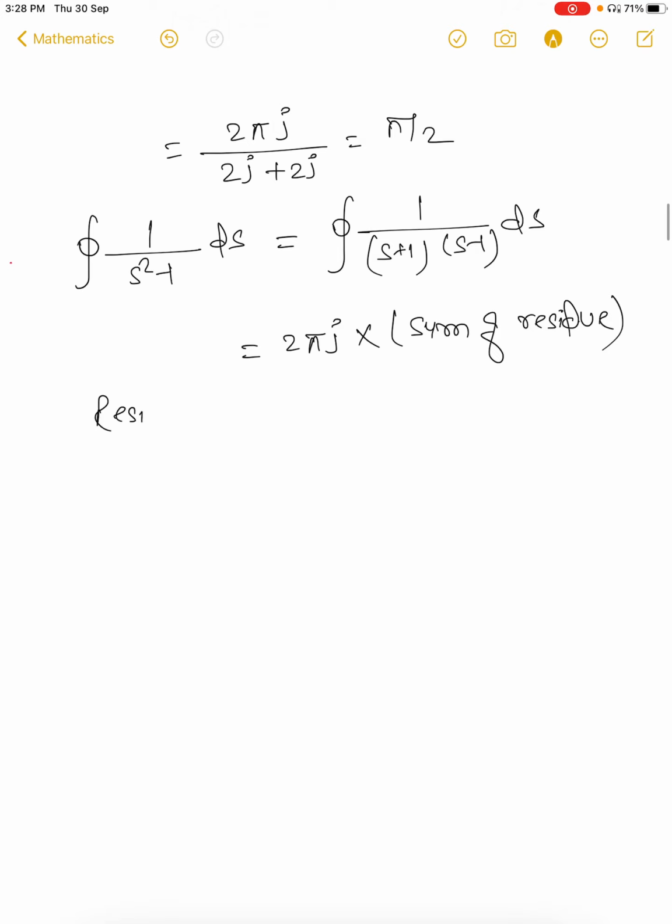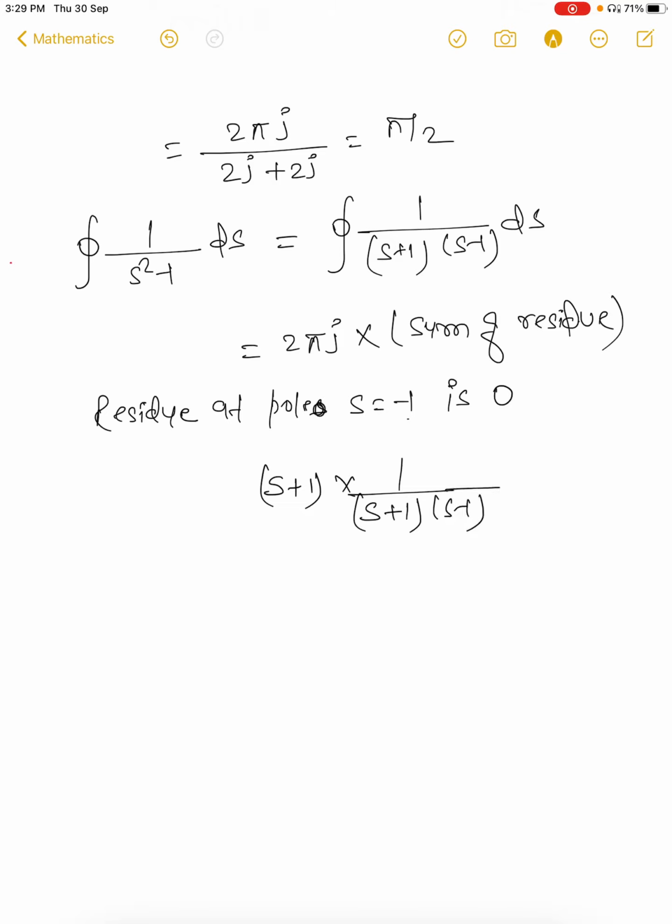Residue at the poles. The pole s = −1: from here, s = −1. For s = −1, we have to take it this way: multiplication of (s + 1) with 1/((s + 1)(s − 1)).